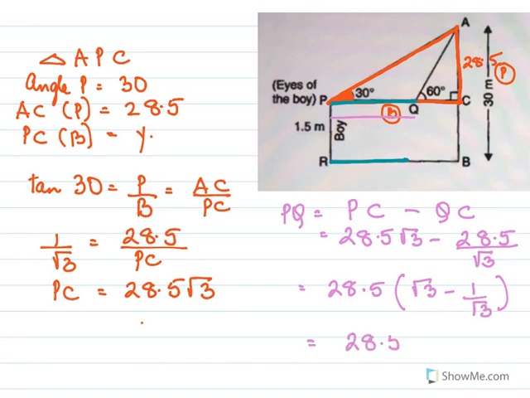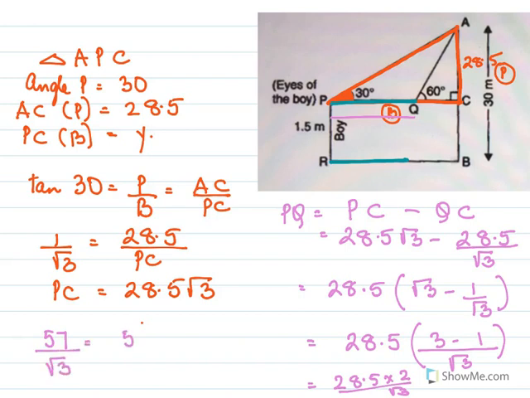So we go ahead, 28.5, LCM root 3, 3 minus 1. So here we'll have 28.5 into 2 over root 3. 28.5 into 2 is 57 over root 3, which is now rationalized, 57 root 3 over root 3 into root 3.